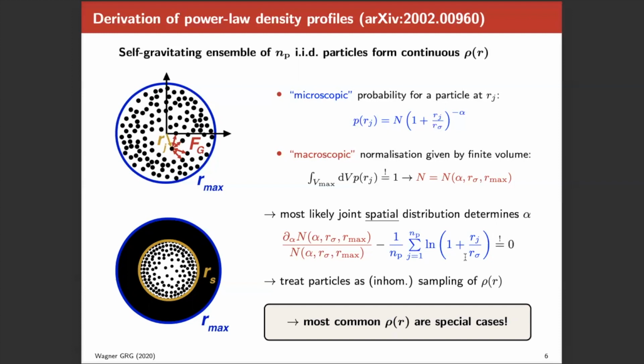So this is a very general form connecting the macroscopic and microscopic picture, and we can now solve it for alpha depending on which particle ensembles we want to consider and which geometries of our structures we want to solve for. And we find that our most common mass density profiles, the broken power law profiles, including the Navarro-Frenk-White profile, are just special cases of this general equation.